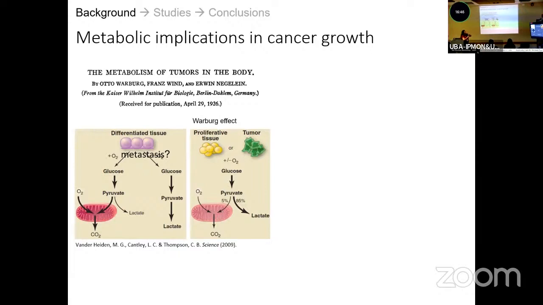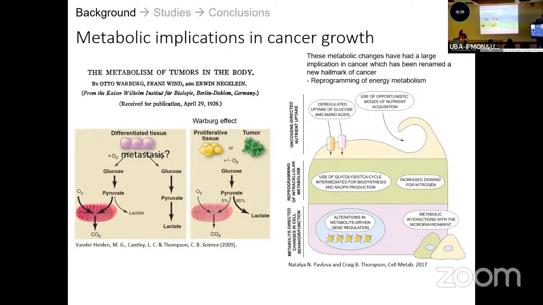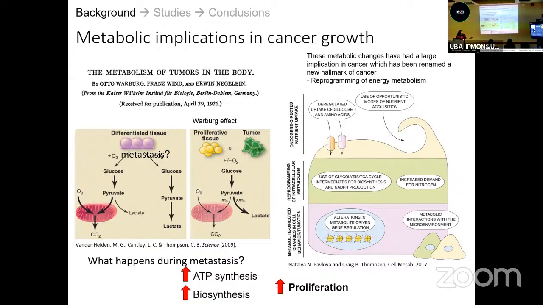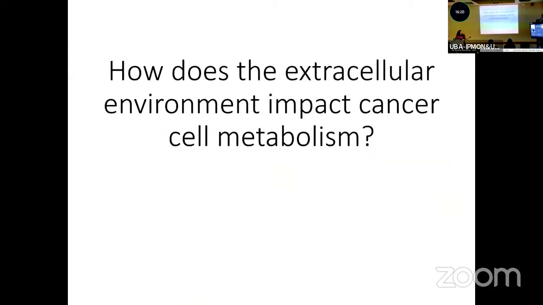In this case, known as the Warburg effect, whether we have oxygen or not, glucose can be processed and ATP can be produced. Now there's a huge field known as the Warburg effect theory, and there are about 6 different levels of metabolic profiles that cancer cells can adapt to. So what happens during the metastatic phase? The ATP levels go up, biosynthesis goes up, and proliferation increases.